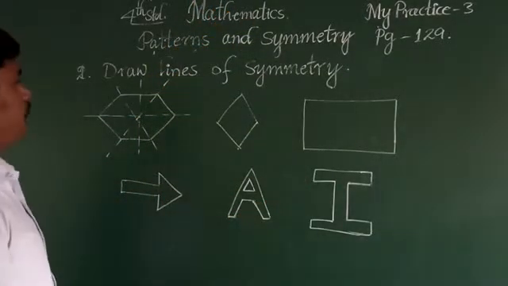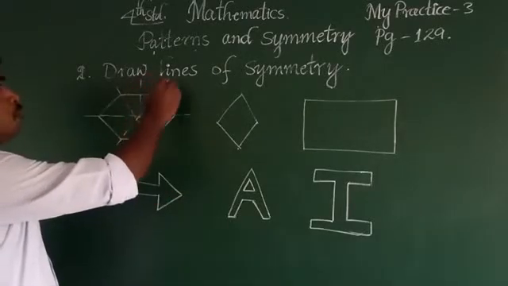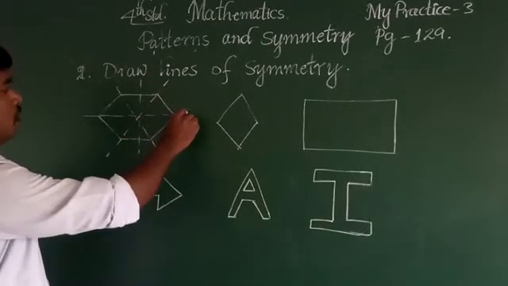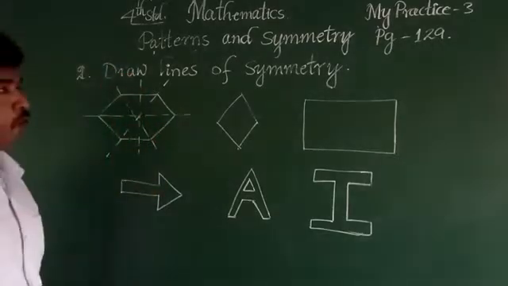How many lines of symmetry does it have? 1, 2, 3, 4. 4 lines of symmetry.